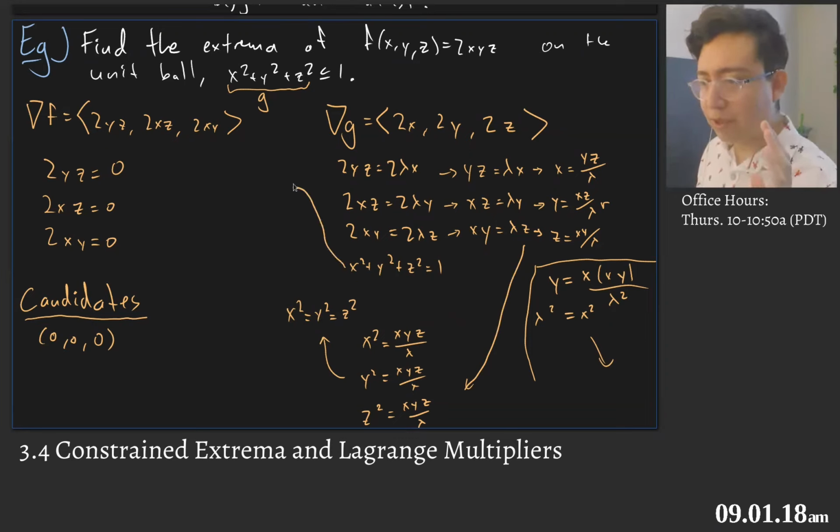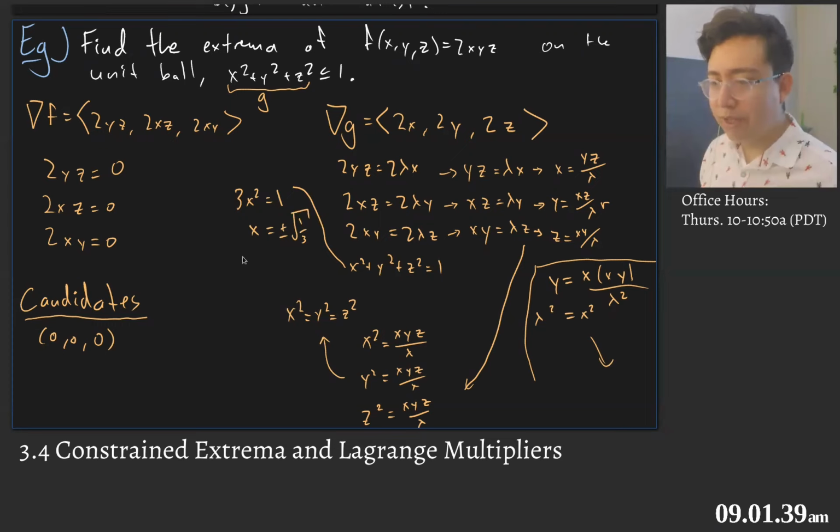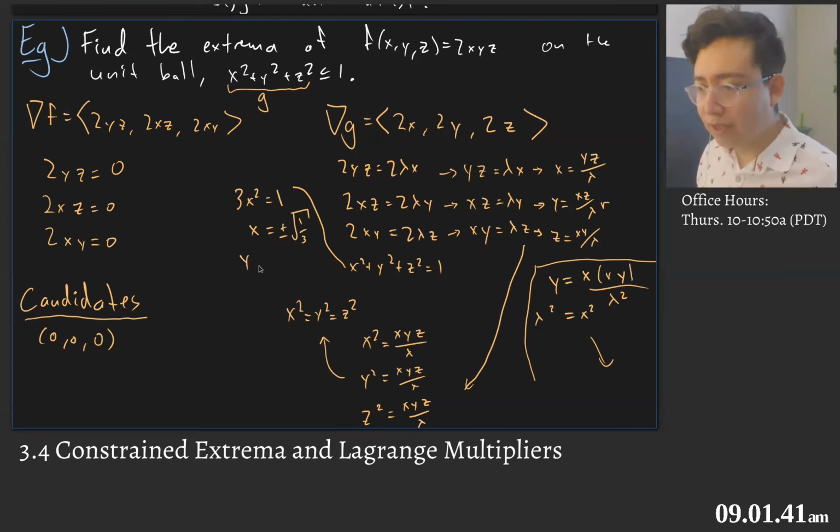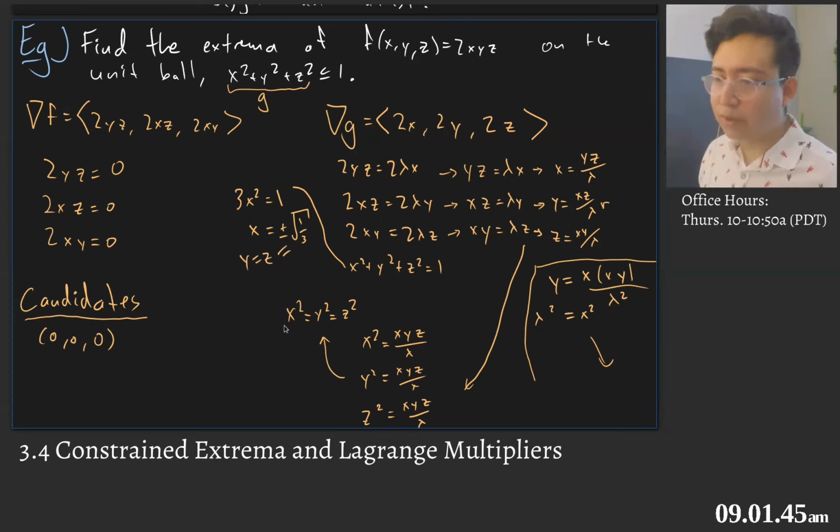Make that substitution into this equation, and we get 3x squared equals 1. Then x equals plus or minus the square root of 1/3. Again, you can rationalize this denominator or not. Then y and z can also equal plus or minus the square root of 1/3.